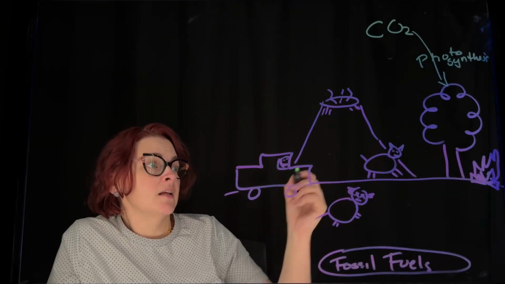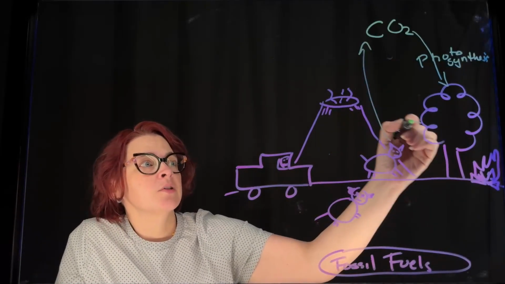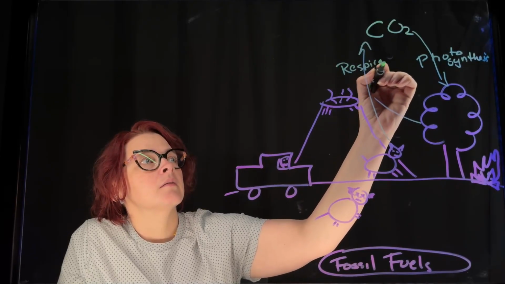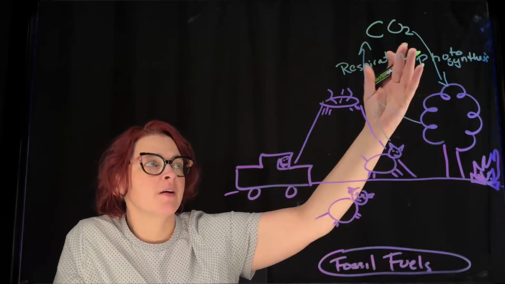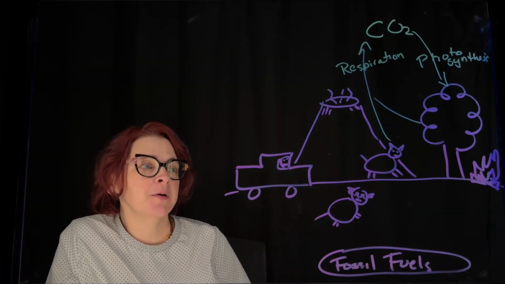Then there is the release of CO2 by respiration. Trees also do this. So we have that cycling of carbon from photosynthesis to cellular respiration, which we talked about before.